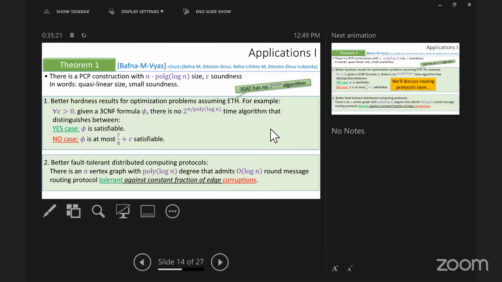Don't worry if none of these words make any sense. I'm going to explain them better, but for now, think of a distributed network where some vertices want to send messages to other ones via the graph, but some of the edges don't work. How can you do that reliably? That's what you want to do.